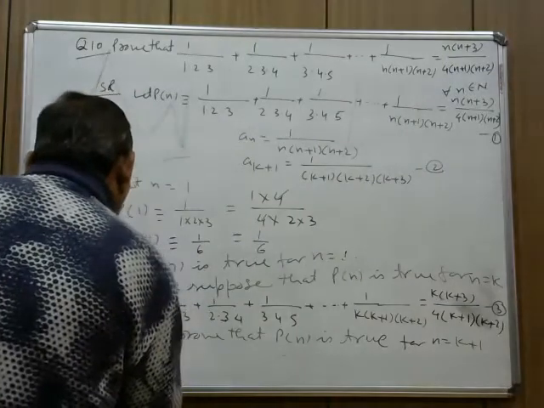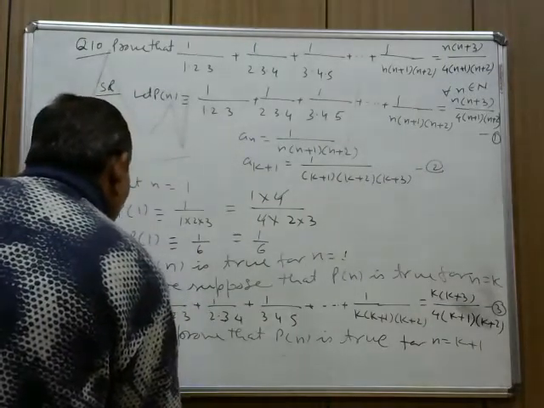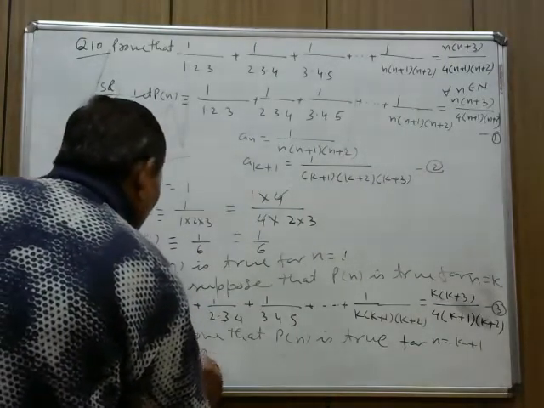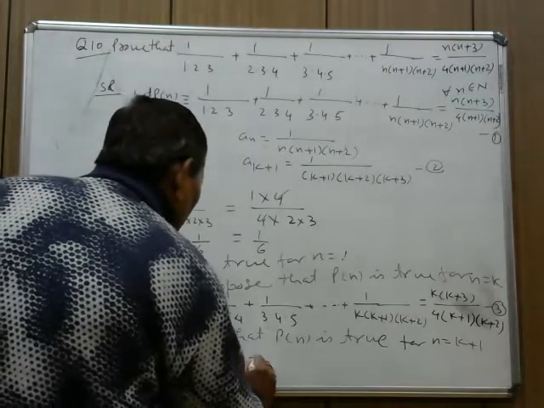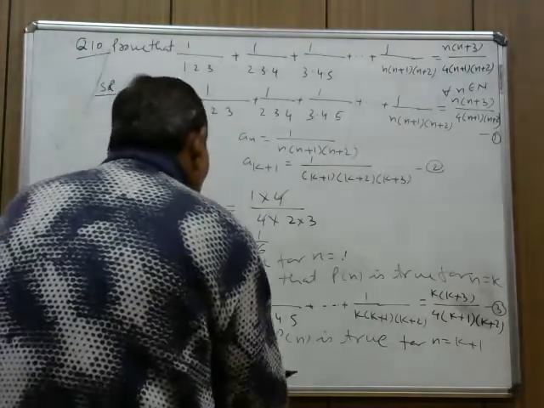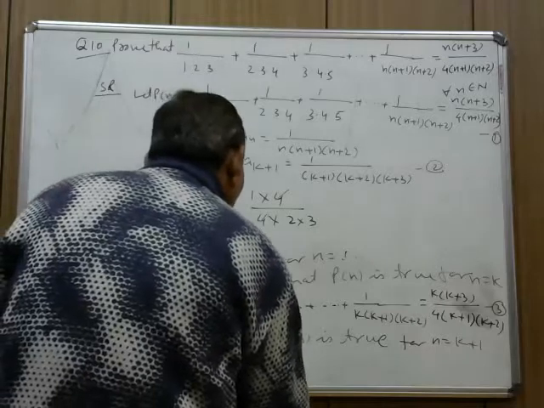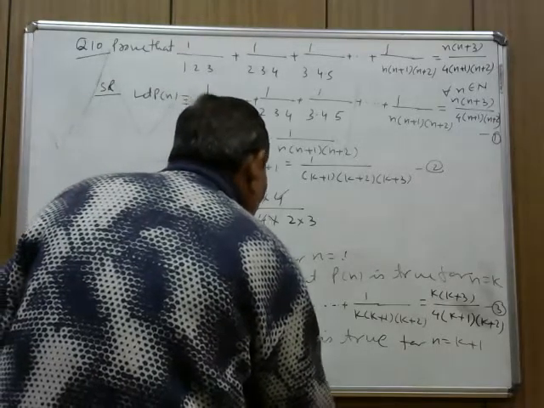So we can write P of k plus 1 equal to P of k plus a k plus 1. This is 4.